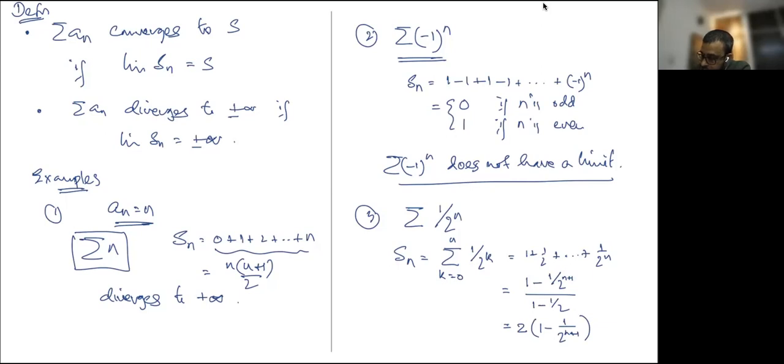So what happens to this series? What can you say about this series? You can further simplify. This is 2 minus 1 over 2 to the power n. So as n grows, what happens?